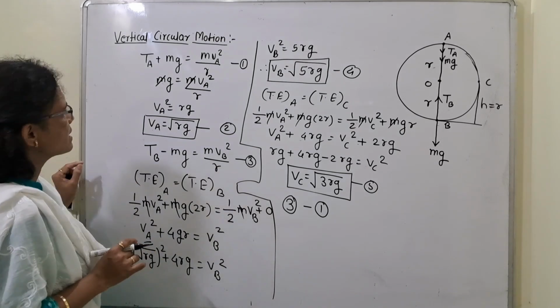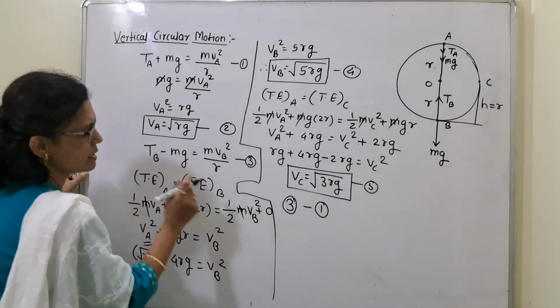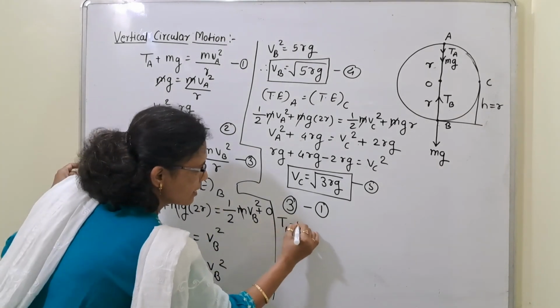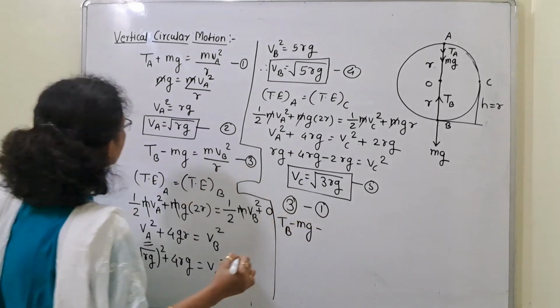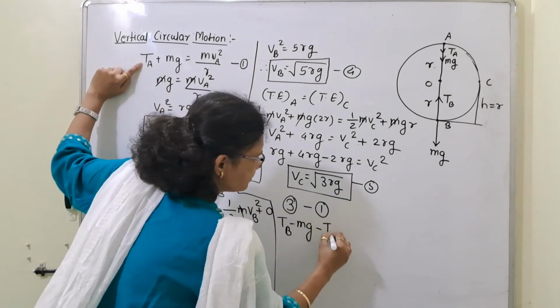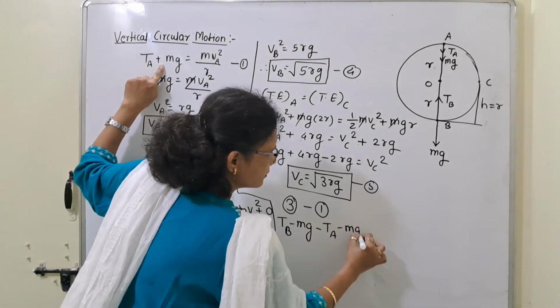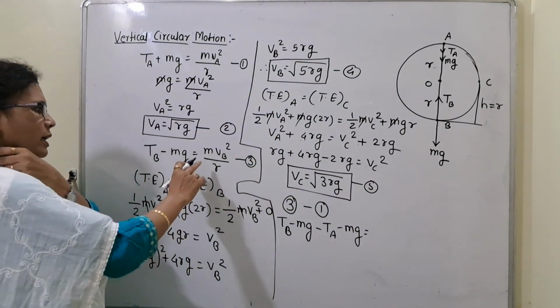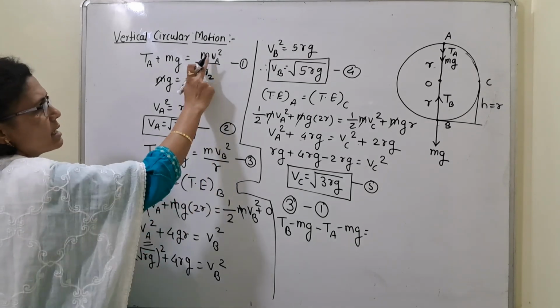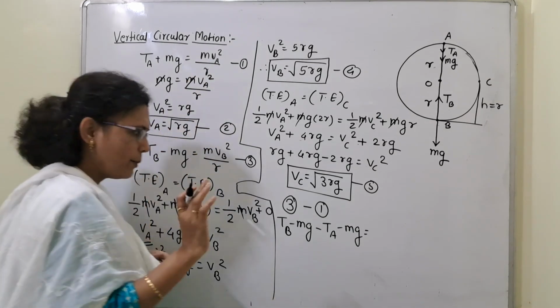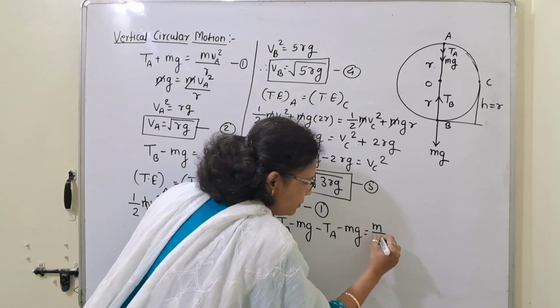So what will be the step? See, TB minus mg will be as it is, minus this TA will be there, minus this mg will be there, is equal to mvb square upon r minus mva square upon r. M upon r is the common term.